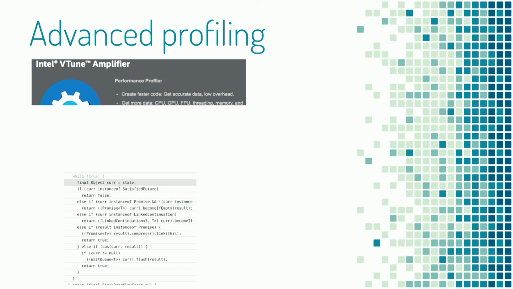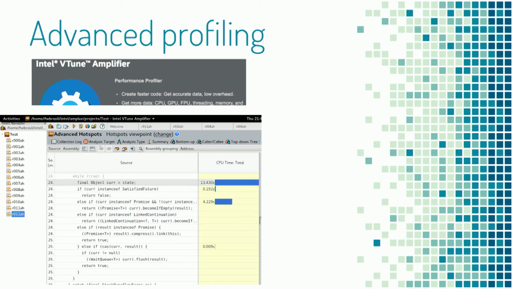And then there's some checking. This is changing the state of the future. I was wondering, what is the most expensive operation of this method? Because YourKit was saying that this is expensive, right? And the Intel VTune Amplifier said that it's actually assigning the state to the current variable. So why is that?